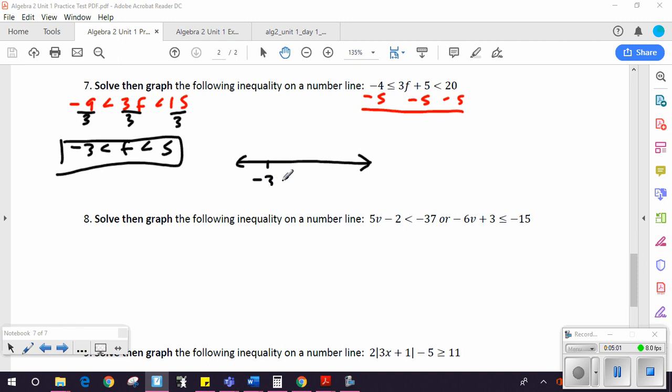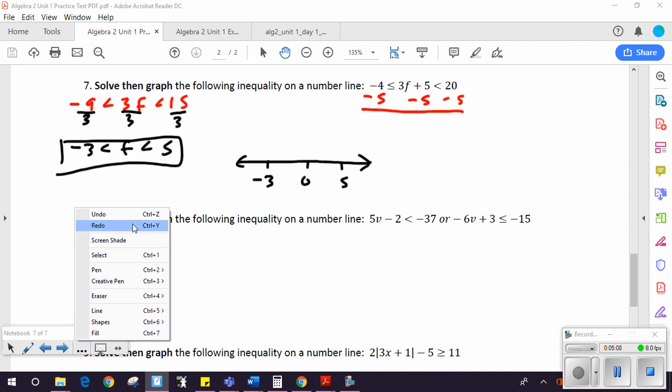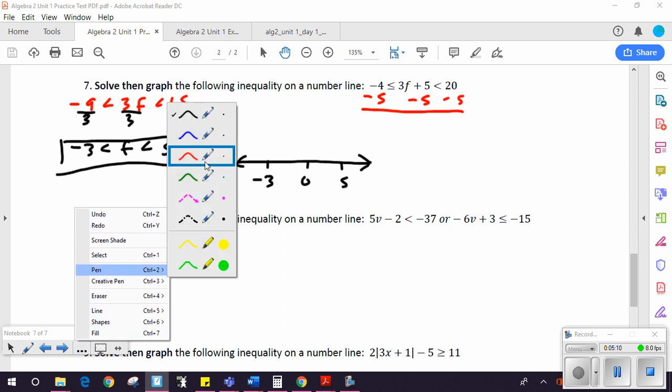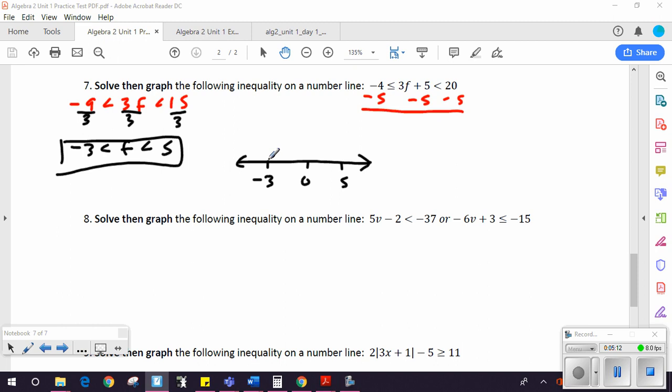So we need negative 3, we got a 0, we have 5. Negative 3 and 5 will both have open dots because there's no equal bar. And since f is in the middle, we shade in the middle. Your variable in the middle, you shade in the middle.